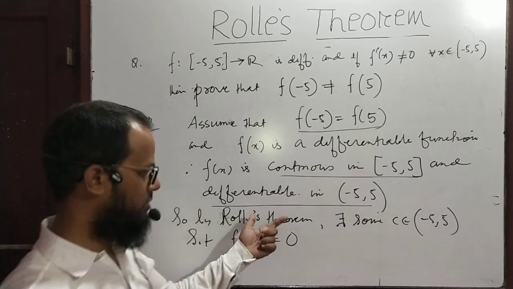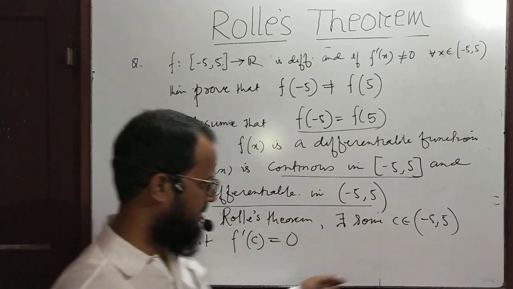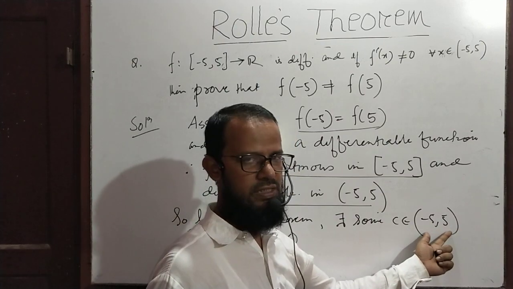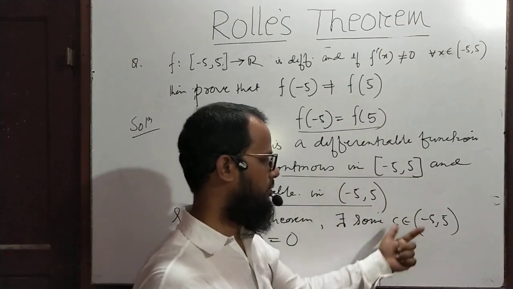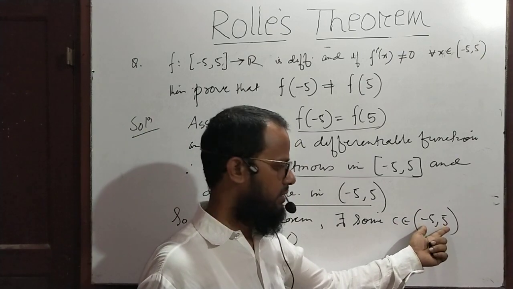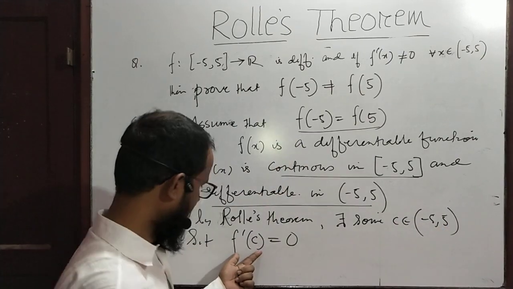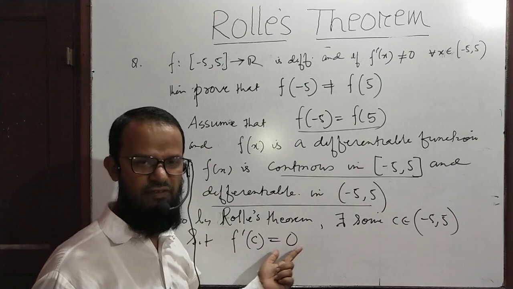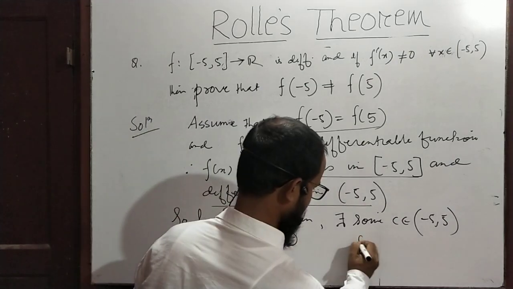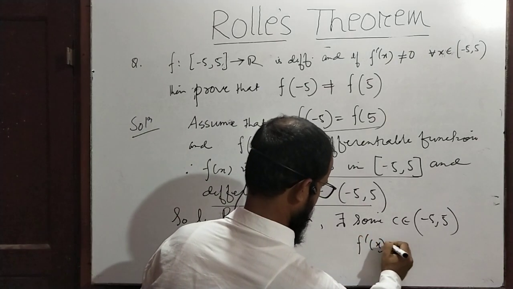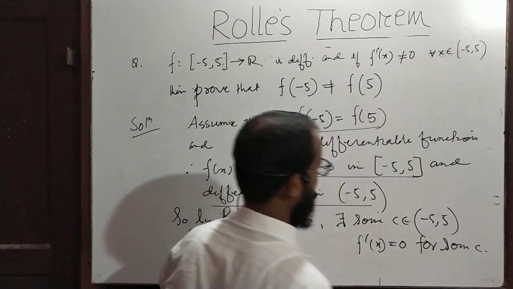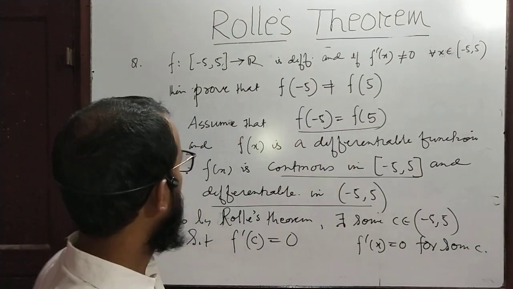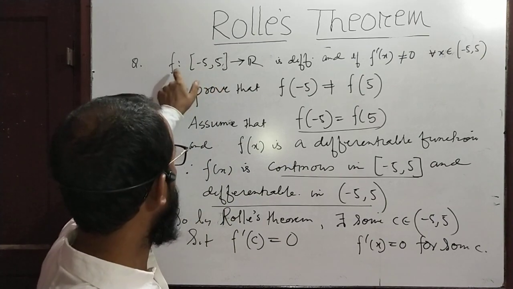So Rolle's theorem says that between these two endpoints, in the open interval, there will be at least one point, it could be one or more, some point such that f dash c equal to 0, that means f dash x equal to 0 for some c in this domain. But in your question, what is given?